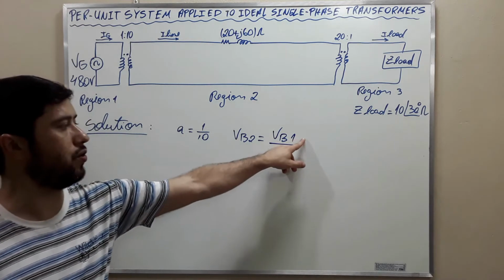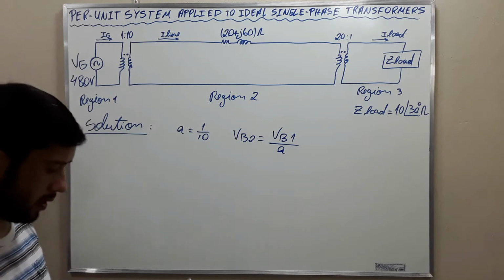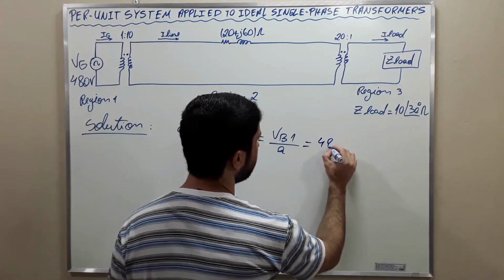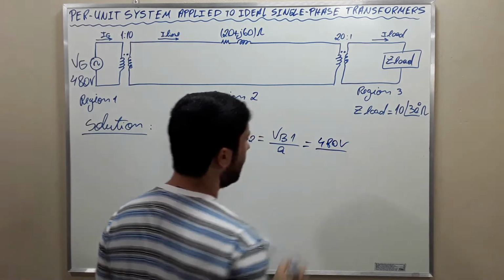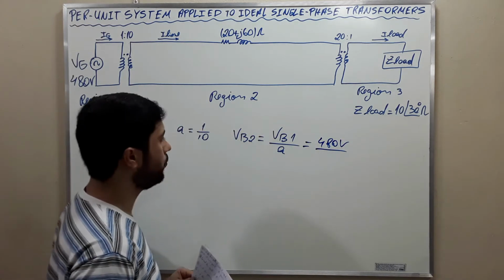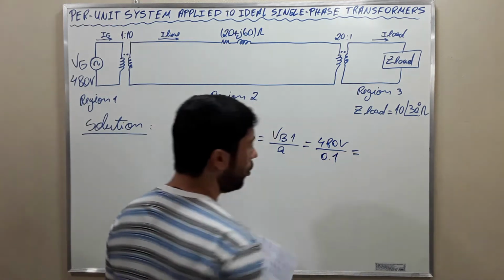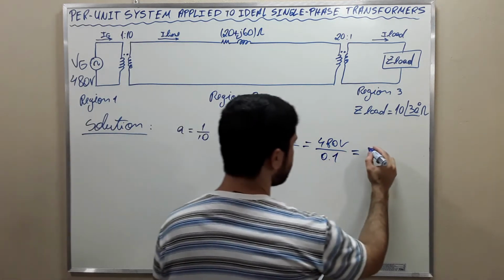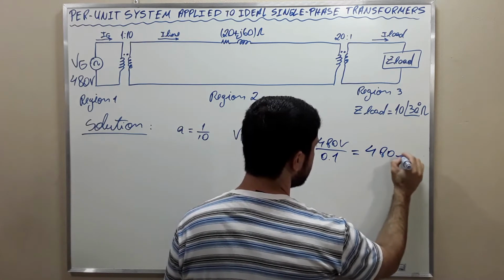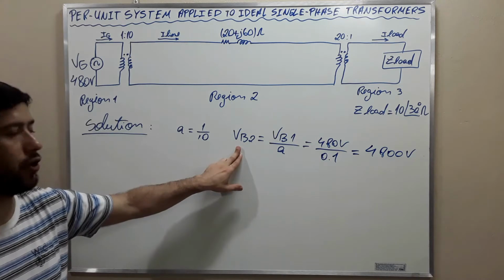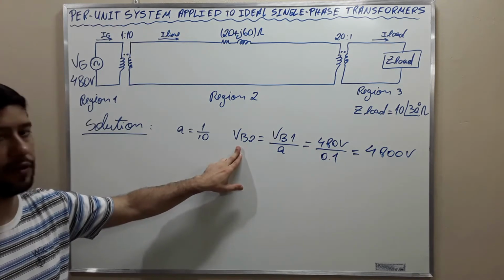Since the base value of voltage for region 1 is 480 volts, and the turns ratio 0.1, we find that VB2 is equal to 4,800 volts.